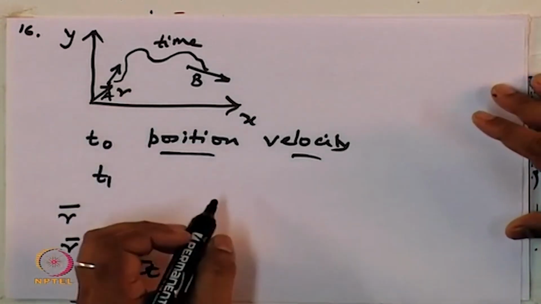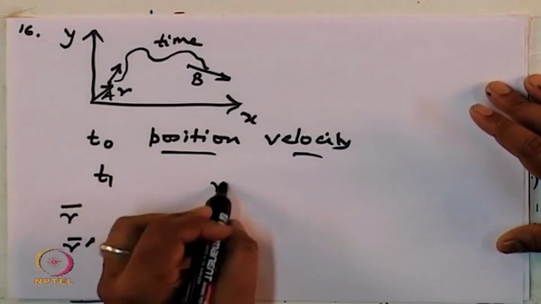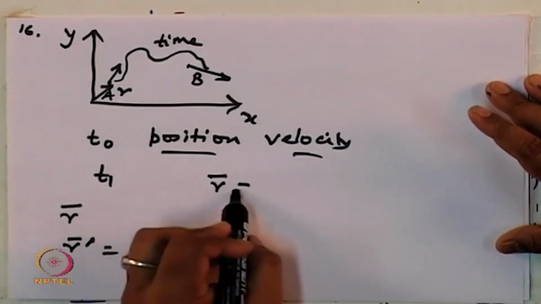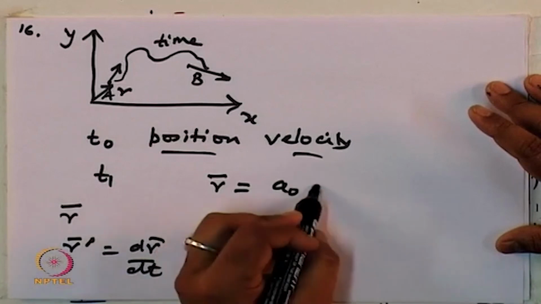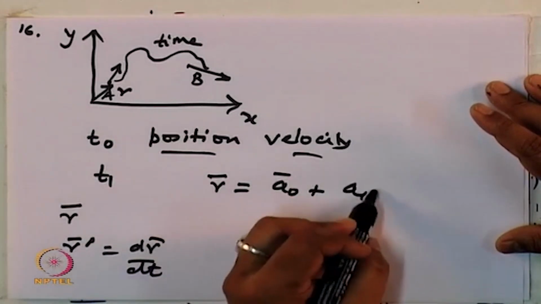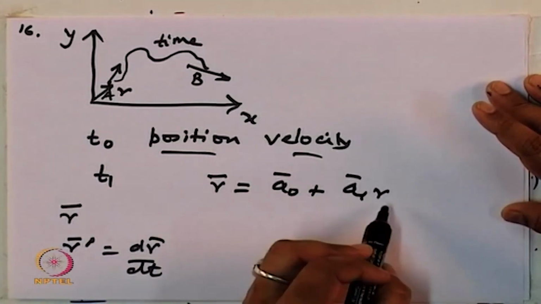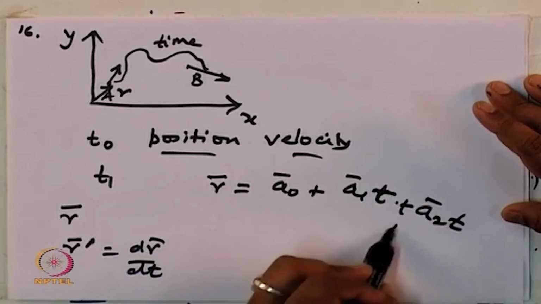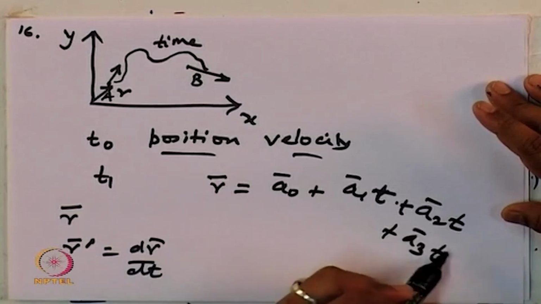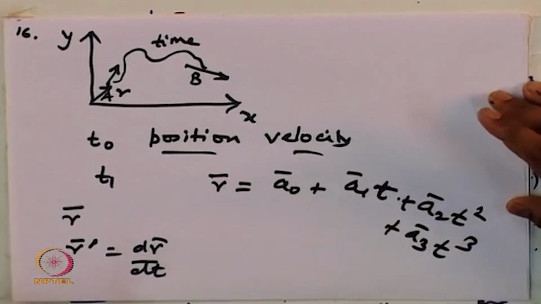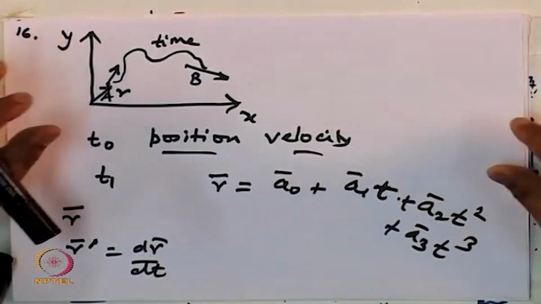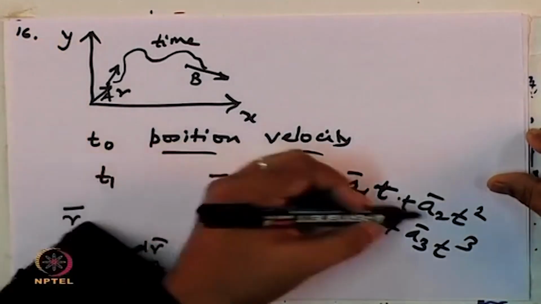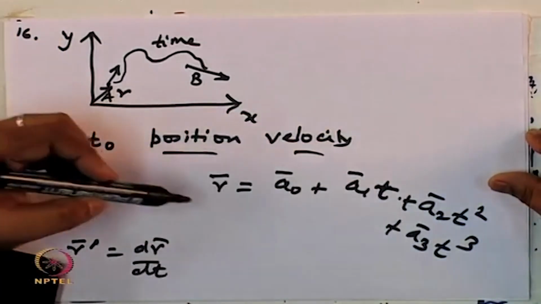Let us say for each trajectory I assume this particular function. I write them as a naught, a 1, a 2, a 3 because it is a vector.